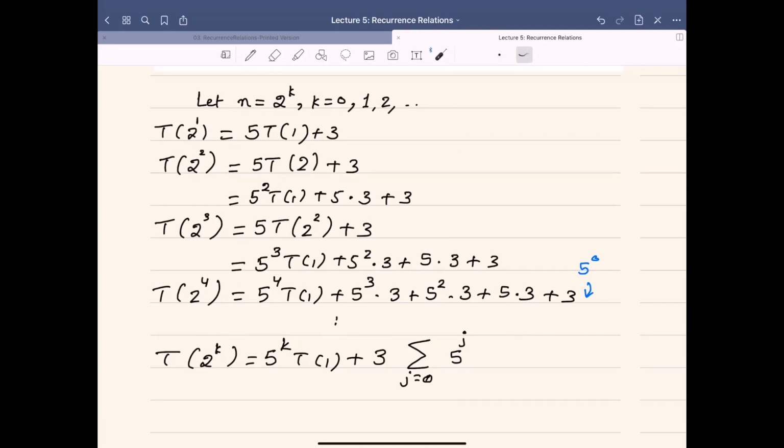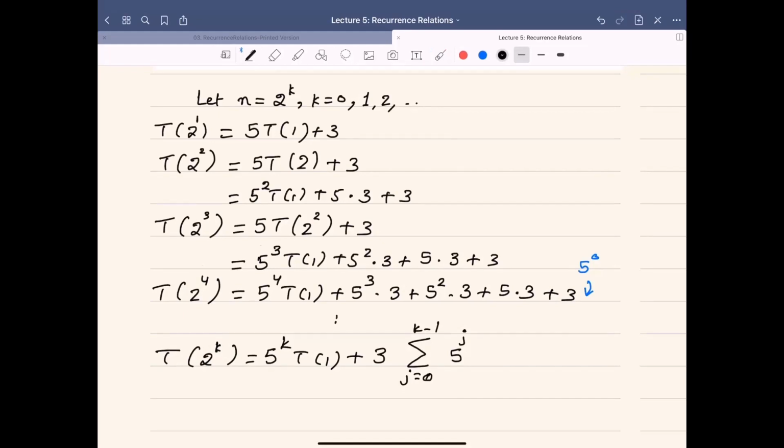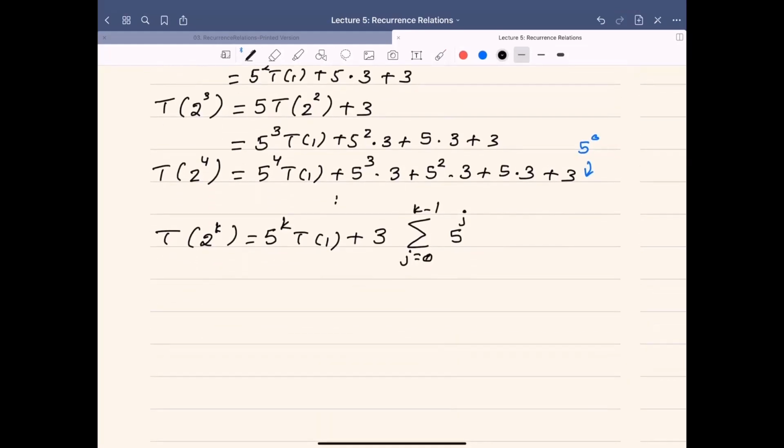If you look at this value, which is equal to 4, the last power is less by 1. So for 2 to the power k, the last value here will be k minus 1. Notice that the summation is a geometric sequence and it already starts from 0, so there is no need to modify the indices.